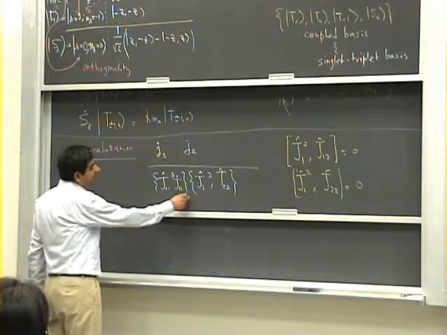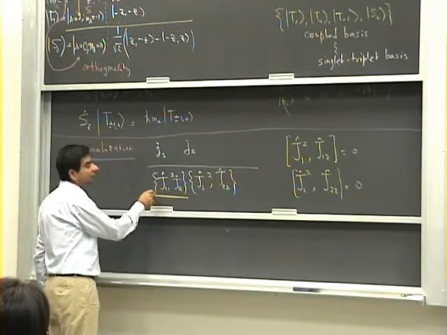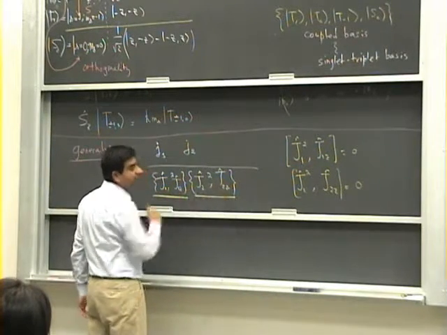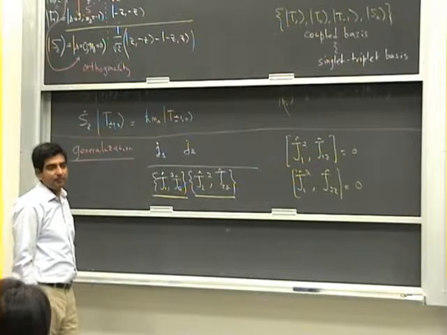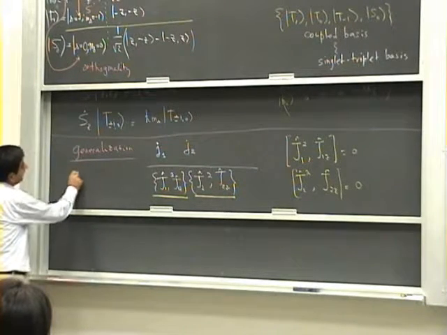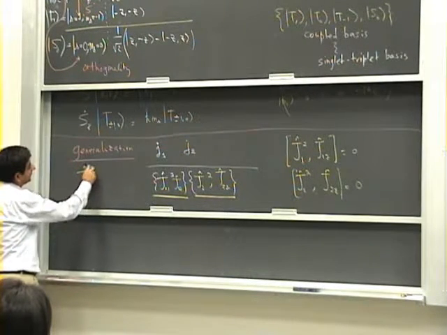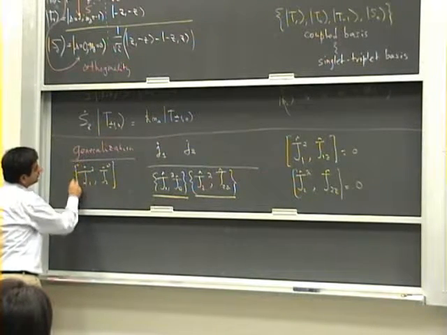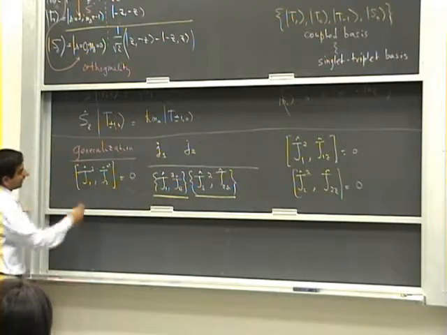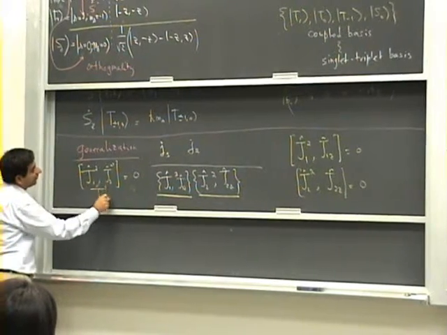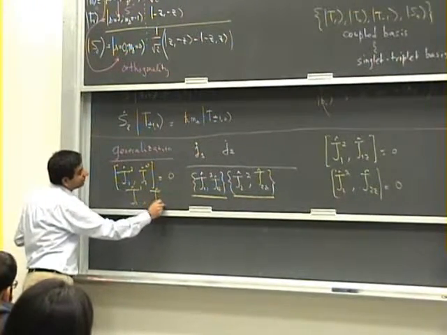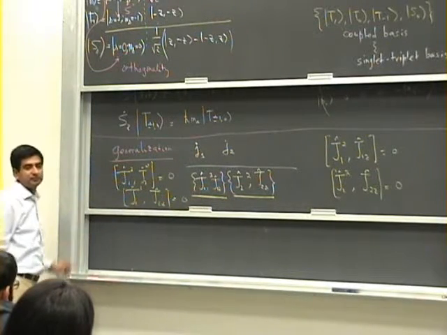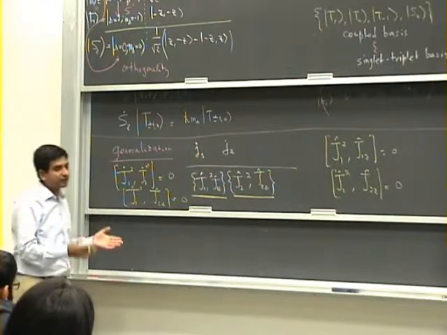Now, these operators act on the first particle, and these operators act only on the second particle. This means that any operator J1 squared will commute with J2 squared, okay, and J1 squared will commute with any J2 alpha, right? That alpha is x, y, or z, and vice versa, because these operators act on different spaces.